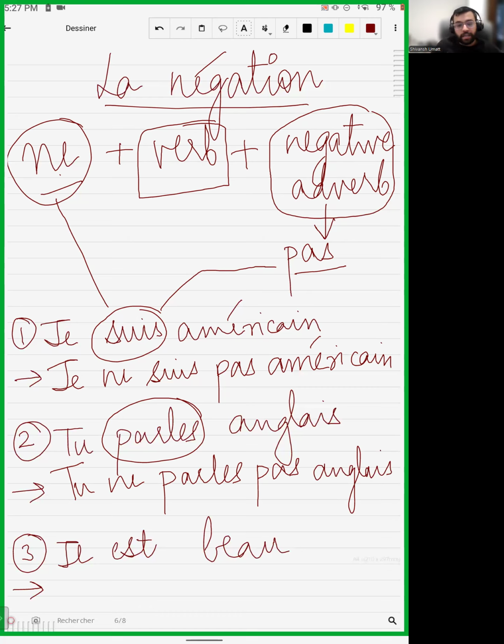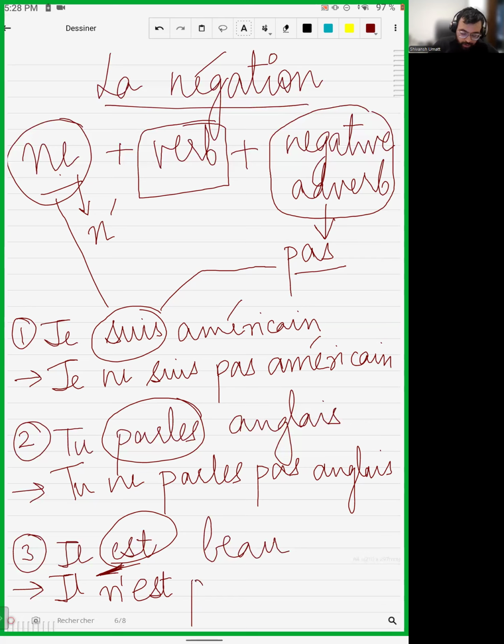Third example, il est beau. Now let's pay attention here. Il est beau. So here it's a special case because the verb here is beginning with a vowel, E. So whenever you have a verb beginning with a vowel, the ne becomes n apostrophe. So in this case, n apostrophe est. It is going to be written together. Il n'est pas.